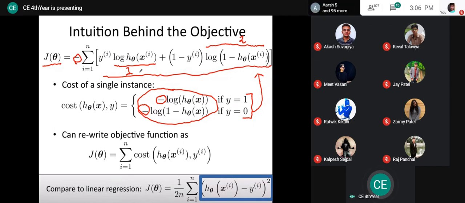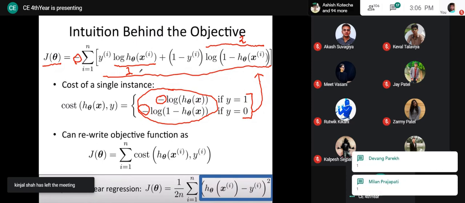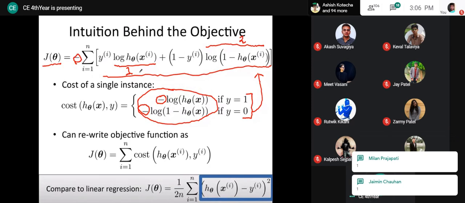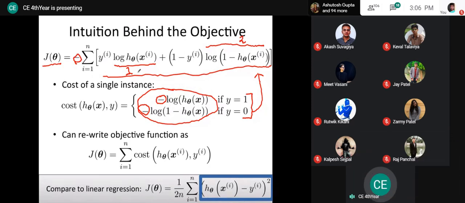So whenever y is equals to 1, which function do we want to enable? 1 or 2? 1, right? So if you observe, the result of this 1 is multiplied with y, and so if it is 1, this is true, right?